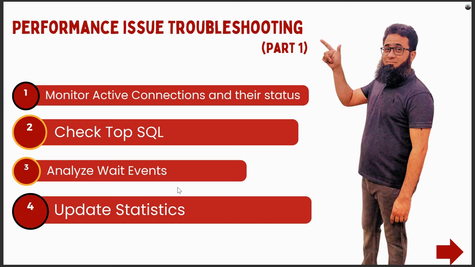I hope this session is very helpful for you, and I will come again with part 2 for identifying other causes of performance issues. We will also see how to tune up our SQL in the Postgres database, and how we can tune up the memory parameters of our Postgres database.